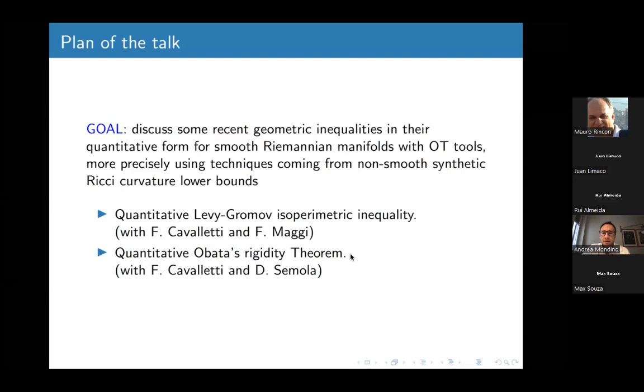I will give a survey of how optimal transport tools that have been developed in non-smooth settings, typically to understand lower bounds on the Ricci curvature for metric measure spaces, where the ambient space is non-smooth. Some of these techniques have also been useful to establish new applications even for smooth Riemannian manifolds. So I will present two results.